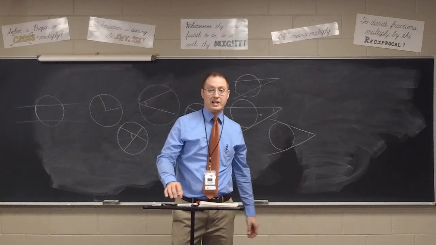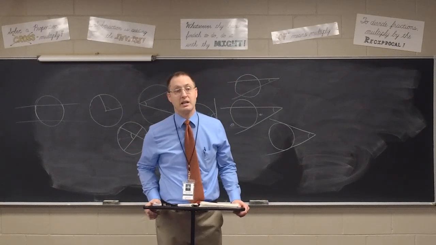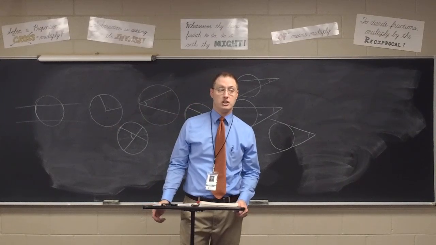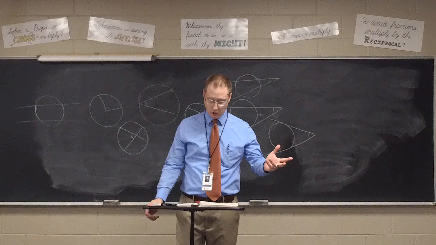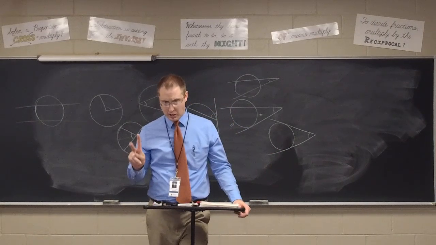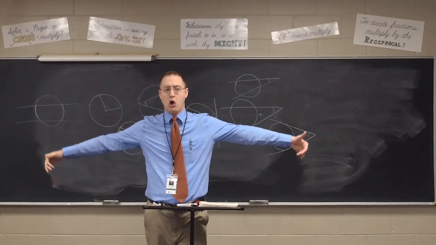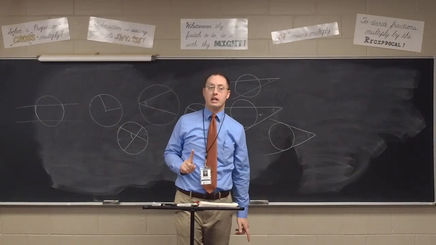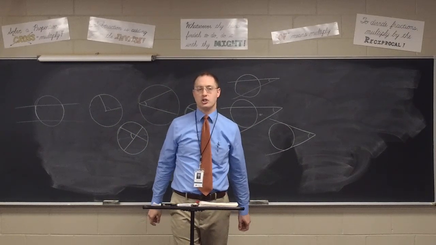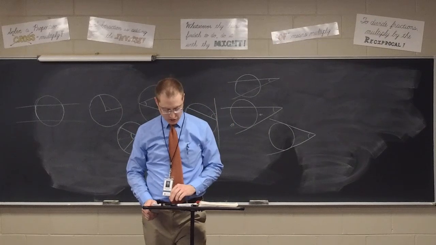A locus is the set of all points, and only those points, that satisfy a given condition or given conditions. Locus of points, or plural would be loci. A locus has two key qualities. First, it includes all points, so the locus is inclusive, but it only includes points that satisfy a given condition, so a locus is also exclusive.